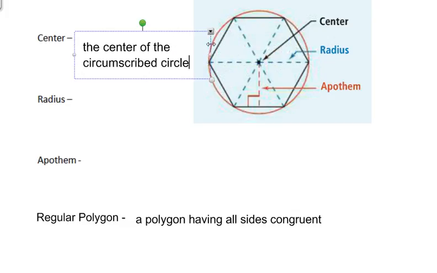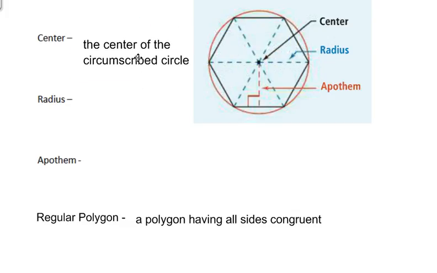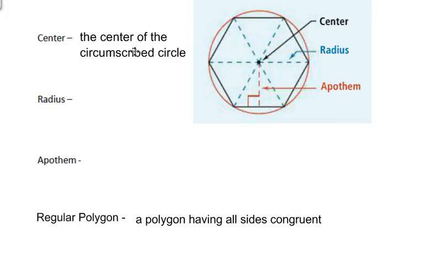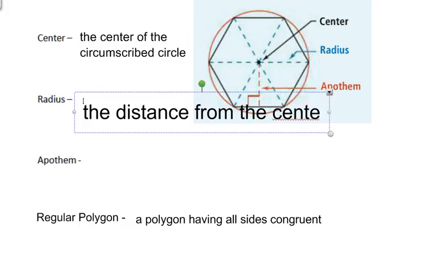So it's the center of the circumscribed circle, meaning a circle that would go perfectly around that regular polygon, and the center of that circle is the center of the polygon. Likewise, the radius of the polygon would be the distance from the center to a vertex, which is really the radius of that circle.